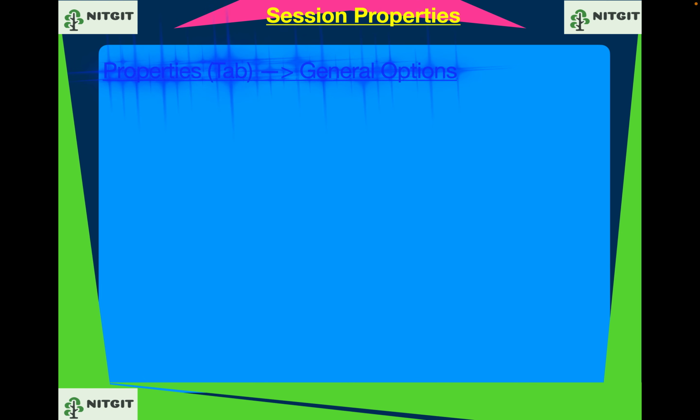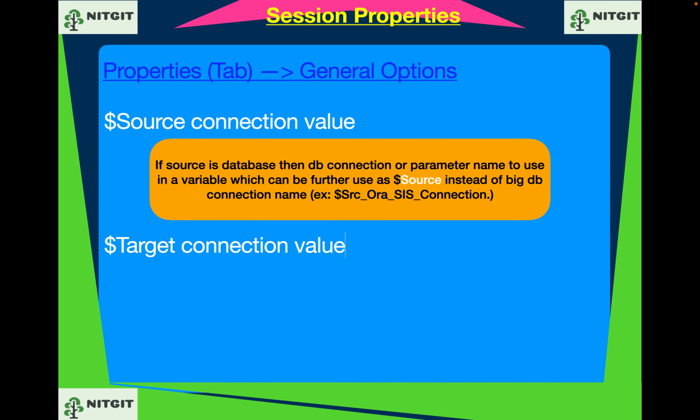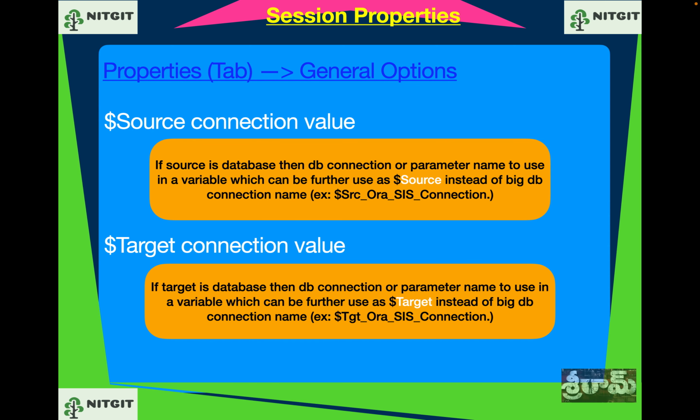Next property we have is source connection value and target connection value. If the source is a database and the target is a database, then the DB connection will be given here. Instead of hard-coded values, we usually give a parameter value which is defined in the parameter file.